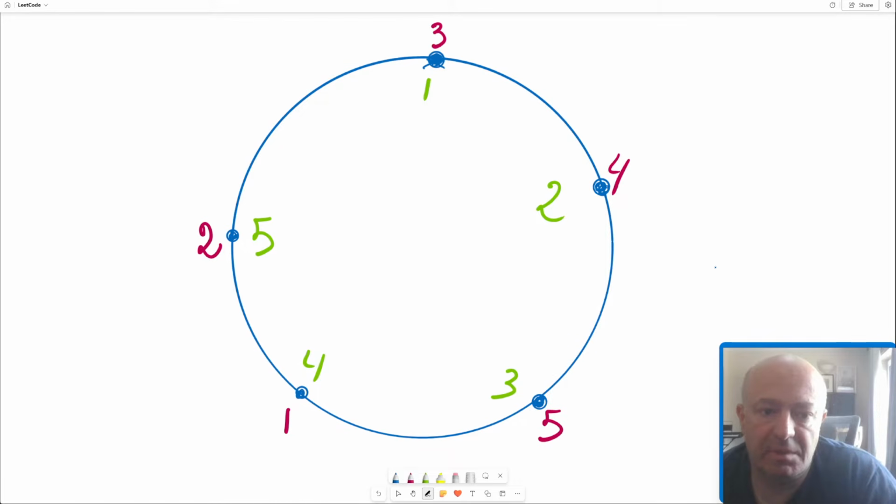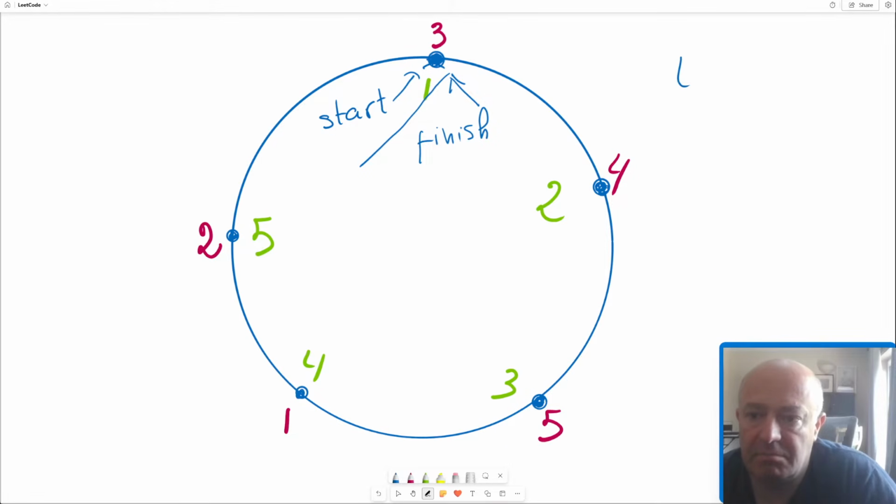Let's have a couple of variables, start and finish. Now, initially, start and finish would both point to, let's say, index 0. And let's also have a variable tank, which will basically track the amount of gas that will be left in our tank when we reach the next gas station.